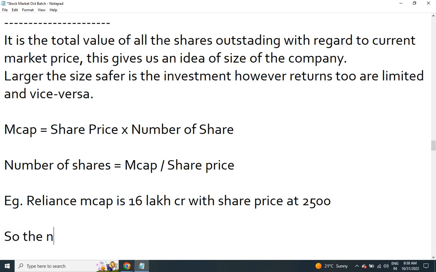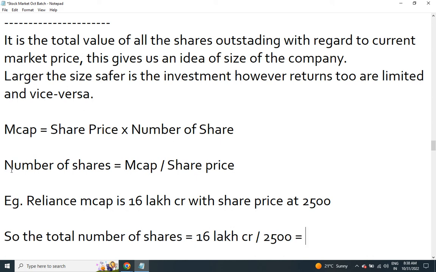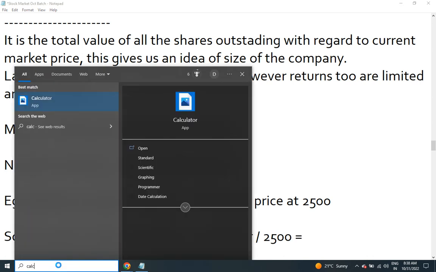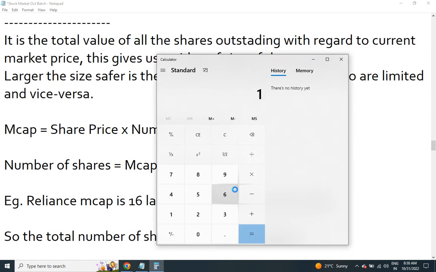So the total number of shares is equal to 16 lakh crore divided by 2500, which is equal to this many lakh crores. Okay, so nothing but 0.64 thousand crores.